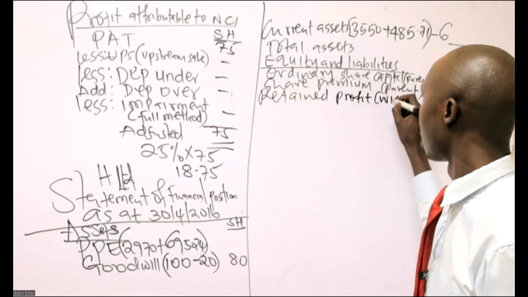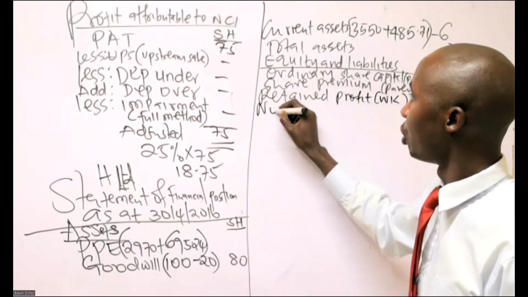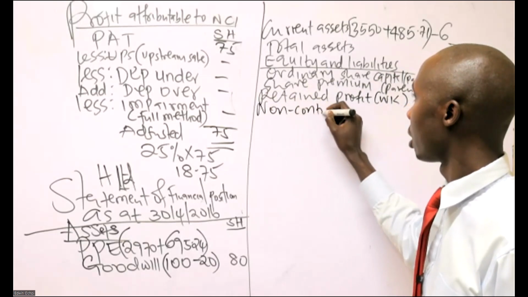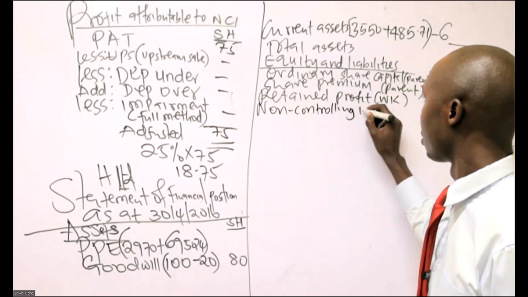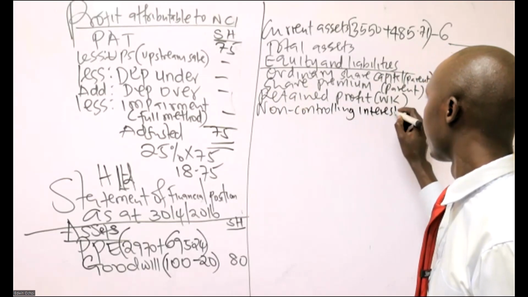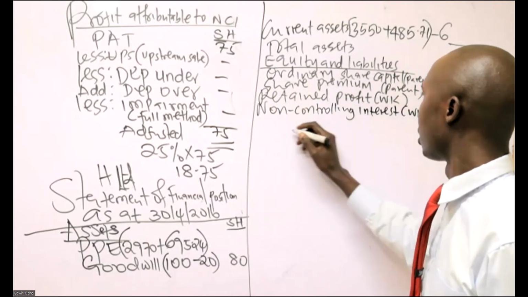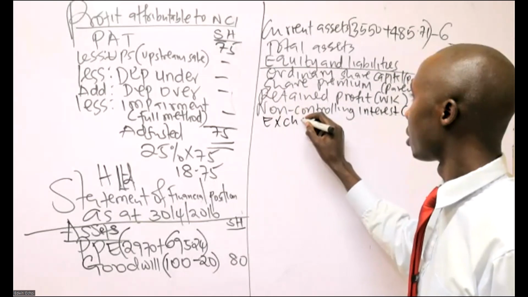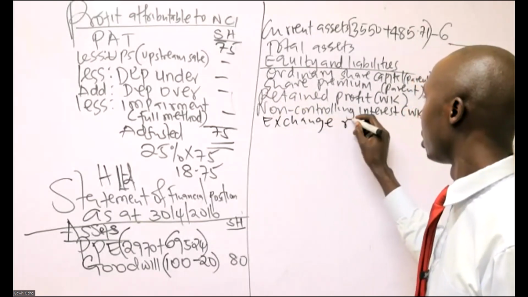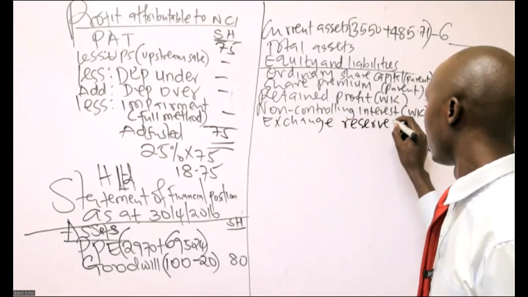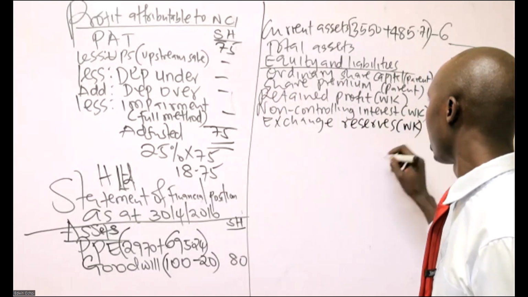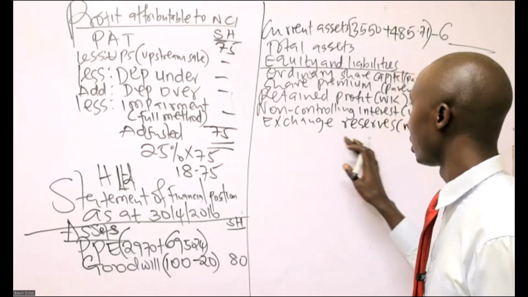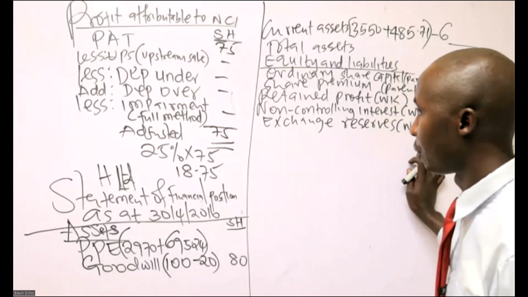We do our working. The same way I will introduce non-controlling interest working. Then I talk about exchange reserves. This one we did already our working. We said which exchange reserve was supposed to be transferred here.